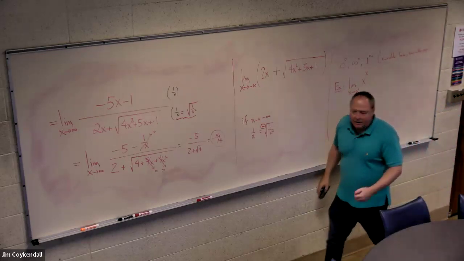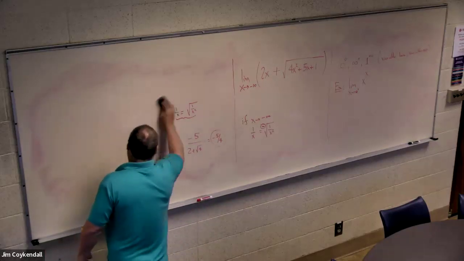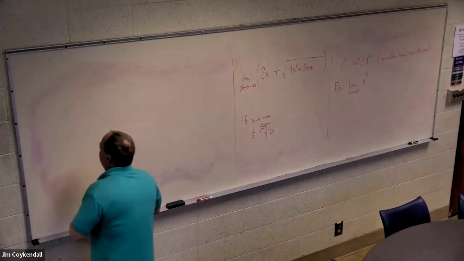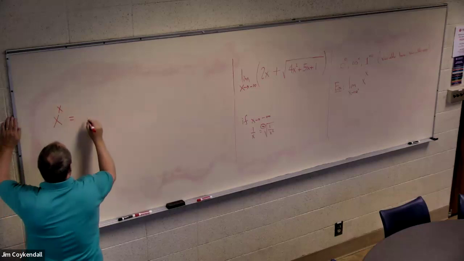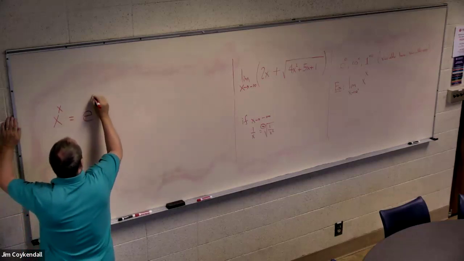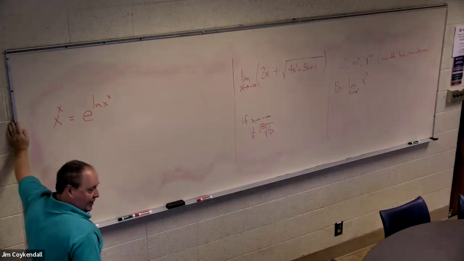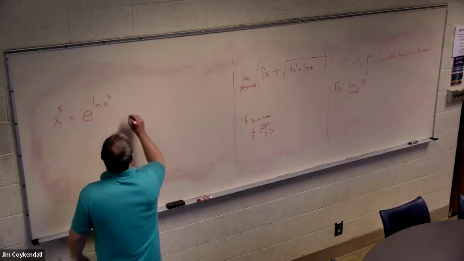How do we do this? Well, notice that I always do it this way. Everybody agree with that? Get a little bit of the e and log key, right? How does this help?